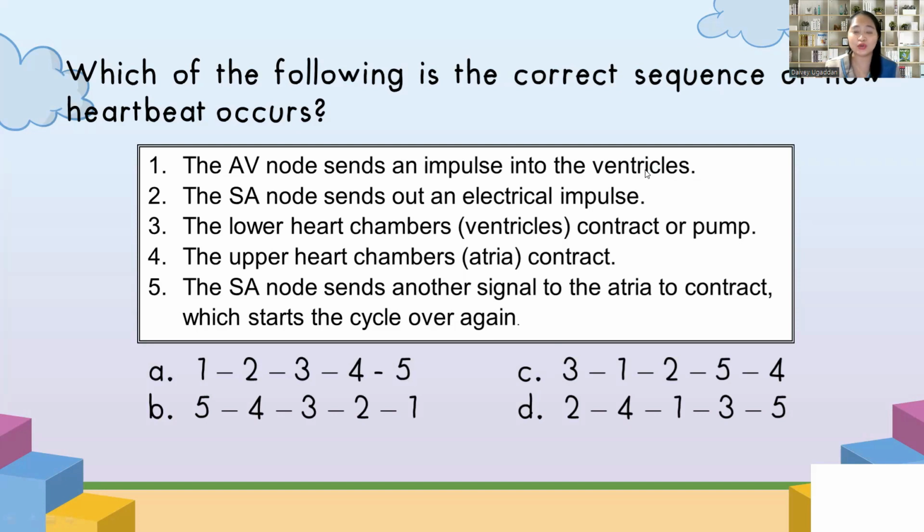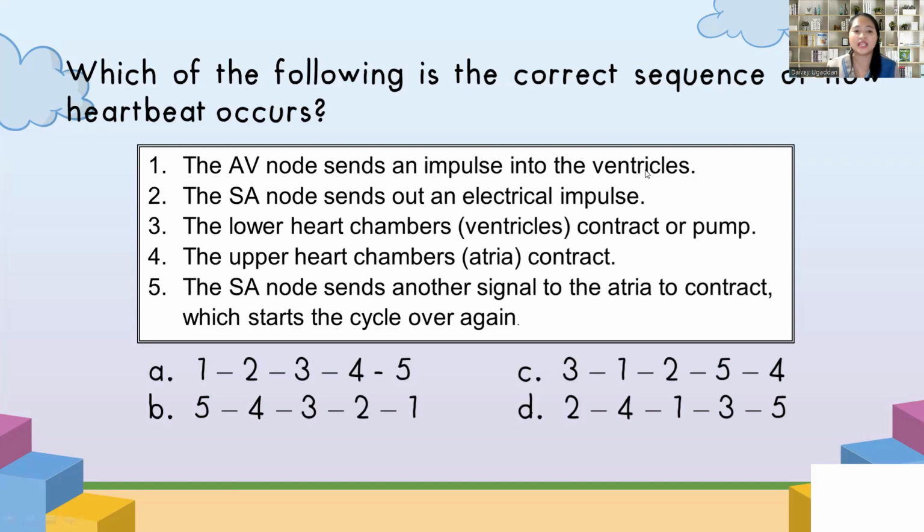This question shows the electrical pathway or the conduction pathway of impulses or signals inside the heart. Now, it will all start with the SA node. The SA node or the sinoatrial node acts as a pacemaker, or it's like a switch. This is where everything starts.